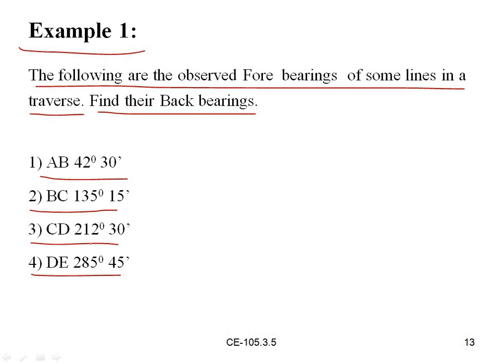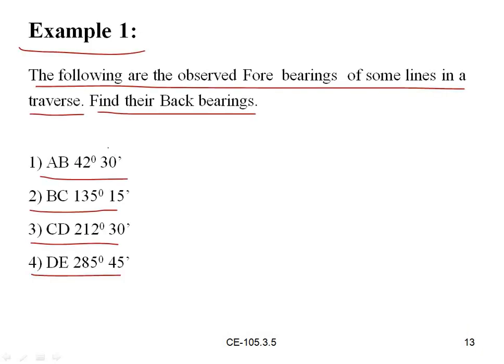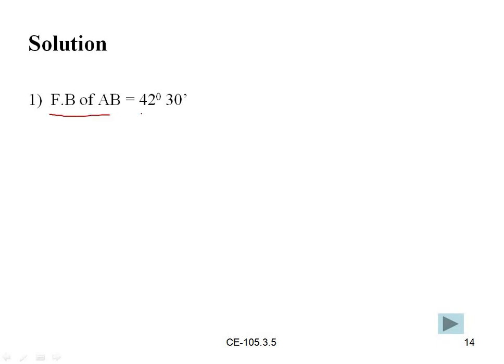So here A, B, C, D, E are the 5 station points, and the 4 readings are there. The first reading, that is AB, is a forward bearing. So the forward bearing of AB is equal to 42 degrees 30 minutes.